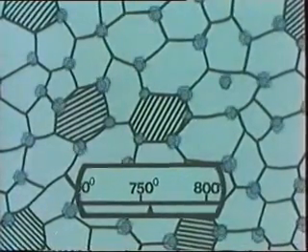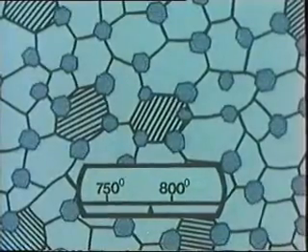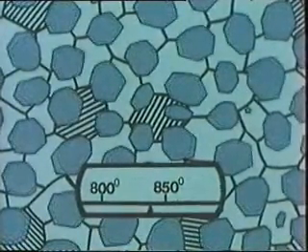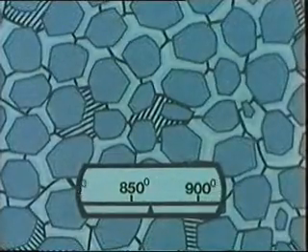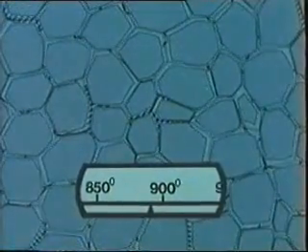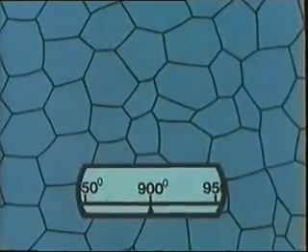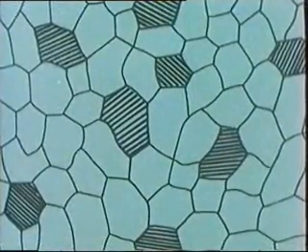And once again, the new grains begin to form until they completely take over the old grain structure. In this case, we have to take the temperature up much higher to nearly 900 degrees centigrade. If we quench it now, there's insufficient carbon for the hard, needle-like structure to form. We've finished up exactly as we started.